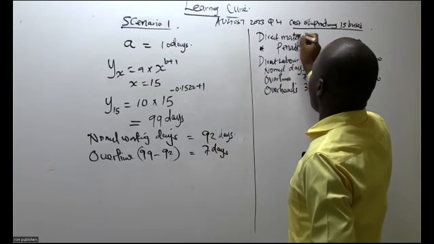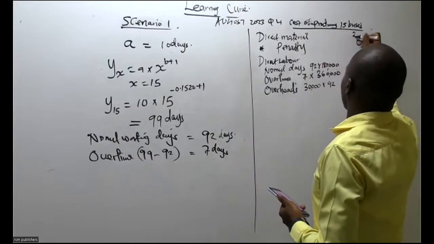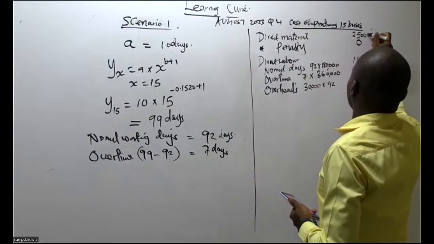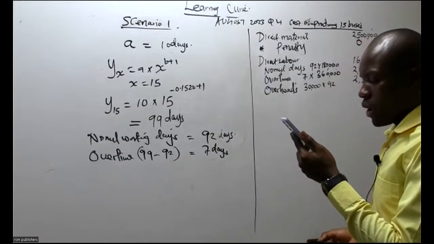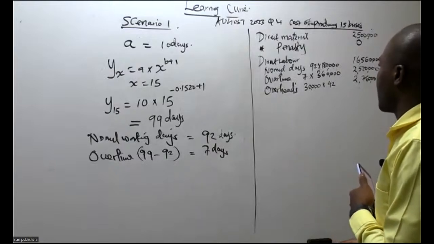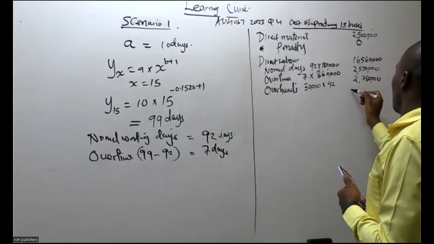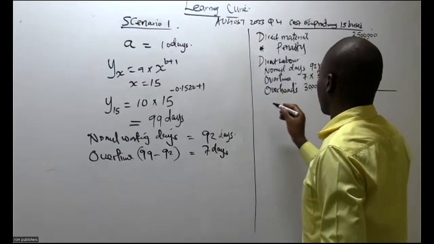You can put it anywhere, even up there or down here, you will still have your answer. 2,500,000. Do we have any other cost incurred? There is none. So give us the total cost under scenario 1.